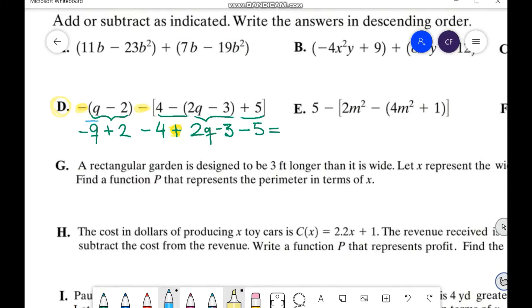Combine negative q with positive 2q, and this is going to be q, and combine positive 2 minus 4 with negative 3 minus 5. This is going to be minus 10.